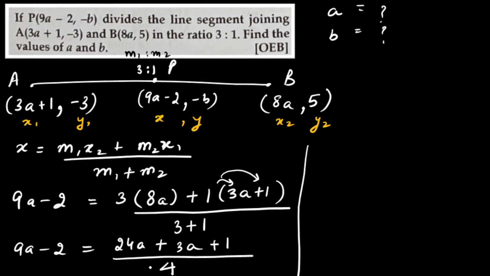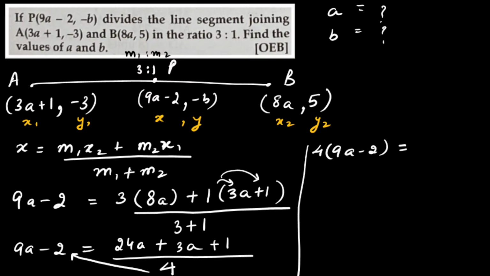Now if any like terms are there, we'll simplify and afterwards start shifting. This 4 we will shift to the other side. Here 4 is getting divided, so when we shift, it will get multiplied. So 4 into 9a minus 2. Most of the time I have seen students only multiply 4 with 9. You have to write it in a bracket and multiply the full term with 4.